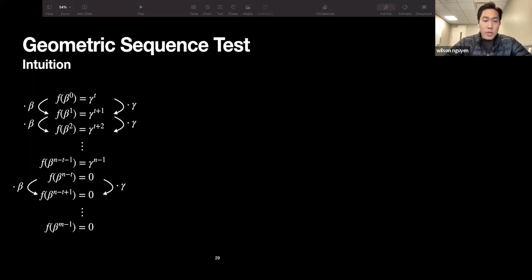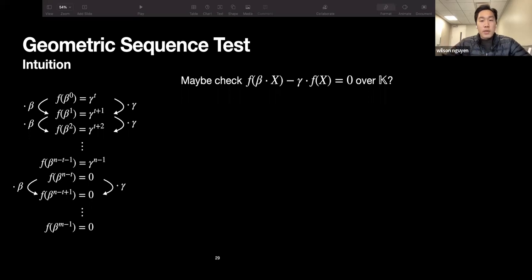So maybe we can check the following polynomial identity. f of beta x, which is the evaluation of f on the next element, is equal to the previous element times gamma. And so if we check this identity by an inductive argument, we can guarantee that every element is the next element times gamma.